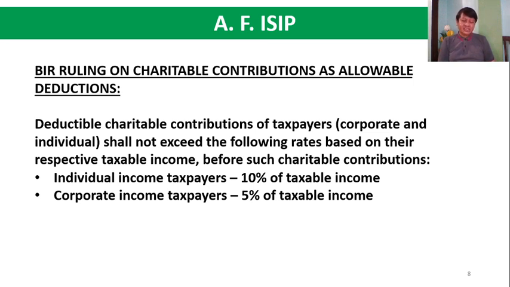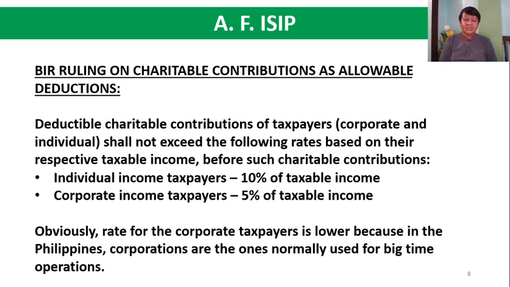You may notice under this ruling, the limit actually is lower than the actual donations. This is to avoid abuse of this privilege granted by the law to some individuals and corporations making charitable contributions.